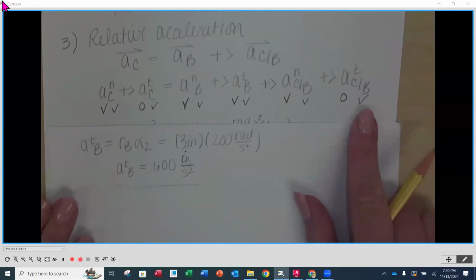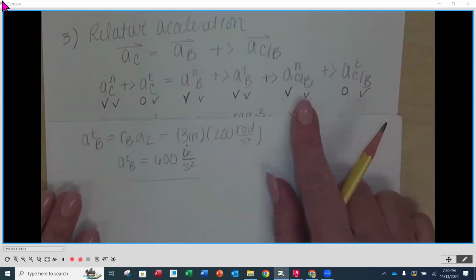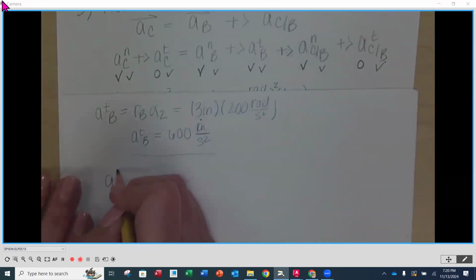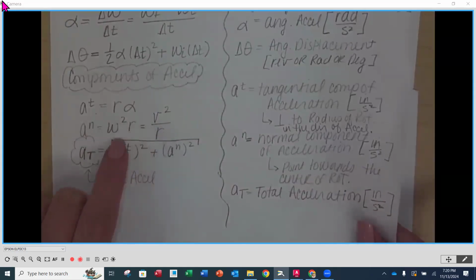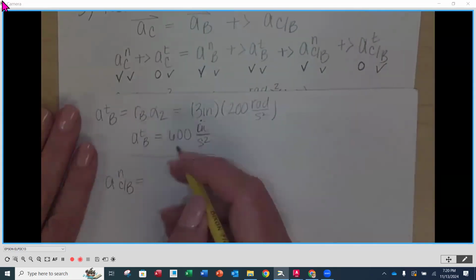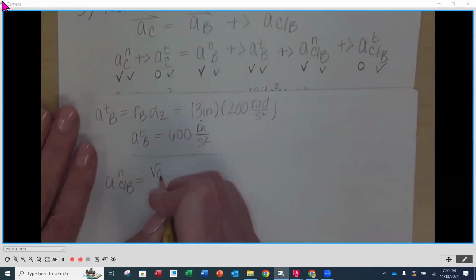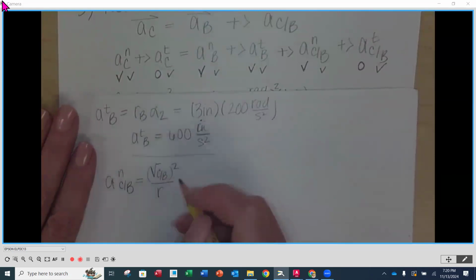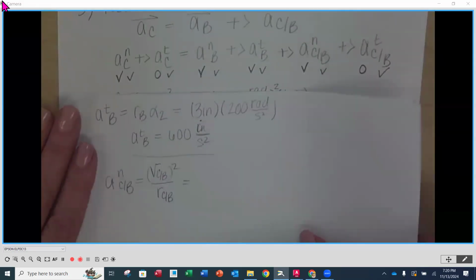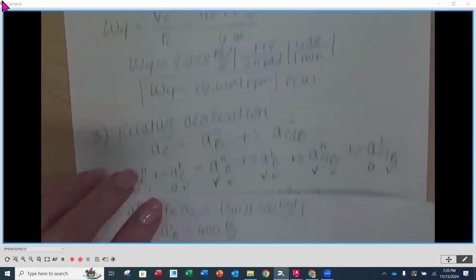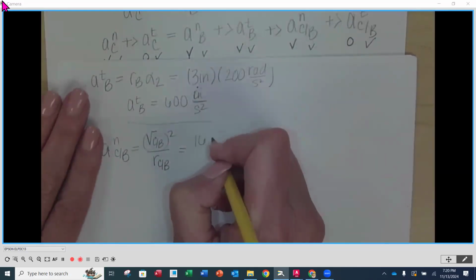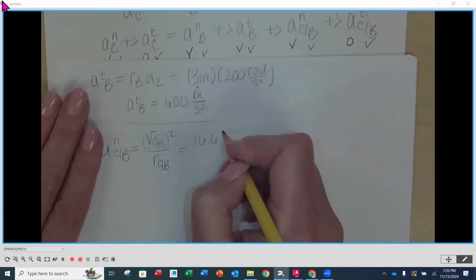And then my last magnitude that I can calculate is going to be the normal at C relative to B. This one, we have to use the velocity squared over radius because we didn't calculate the angular velocity of that link. So this is going to be the velocity of C relative to B squared divided by the radius of C to B, which is the length of link number 3. The velocity of C relative to B, we measured from the vector diagram, 16.68.